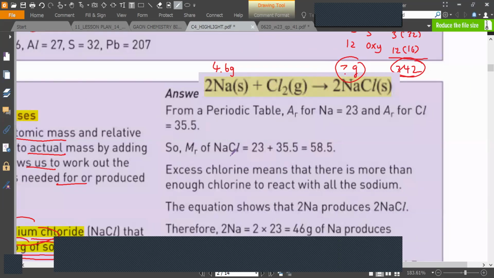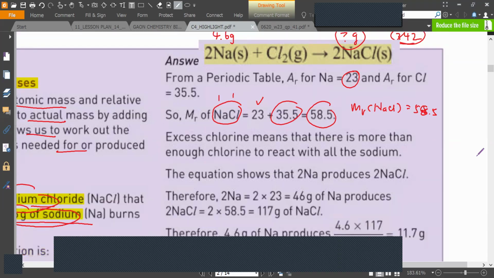From the periodic table, sodium chloride is 1 sodium, 1 chlorine: 23 plus 35.5 is 58.5. The Mr of sodium chloride is 58.5. Excess chlorine means it's more than enough to react with all the sodium, so we don't care about chlorine.